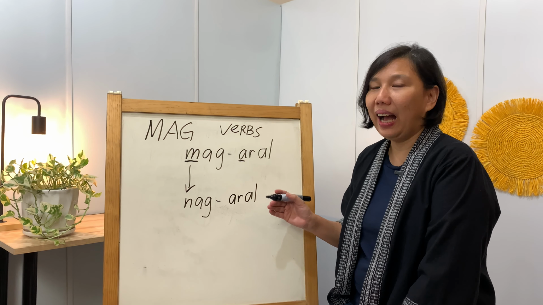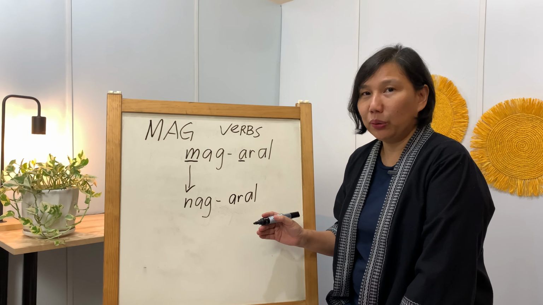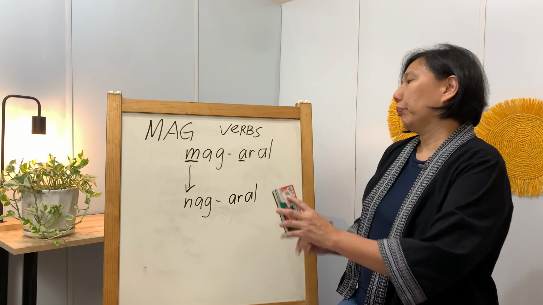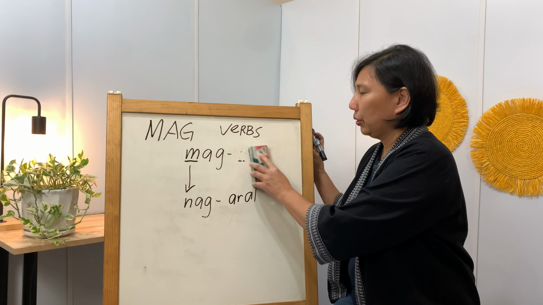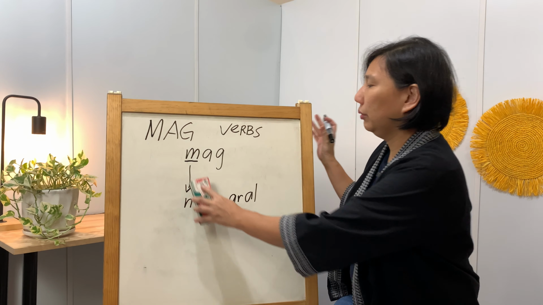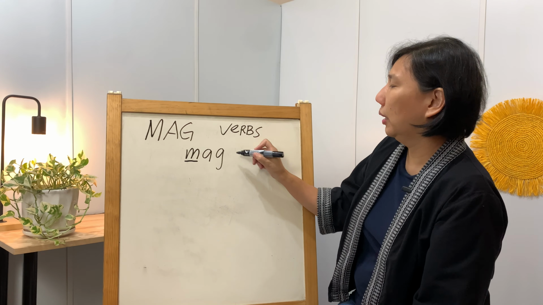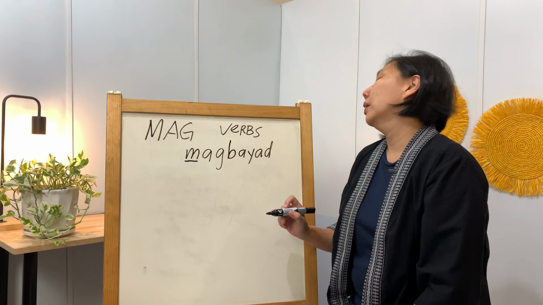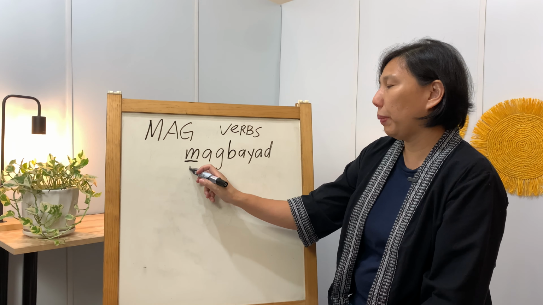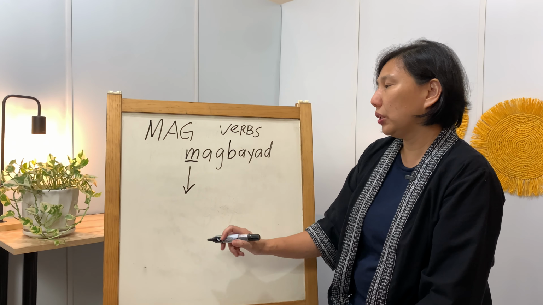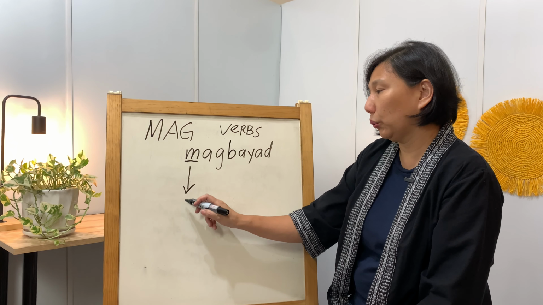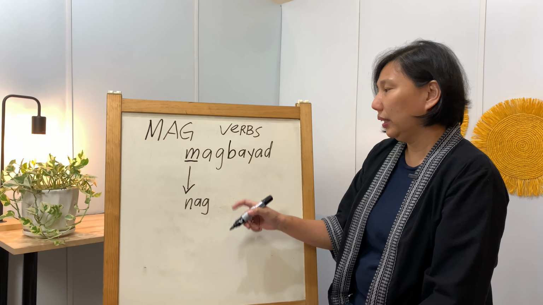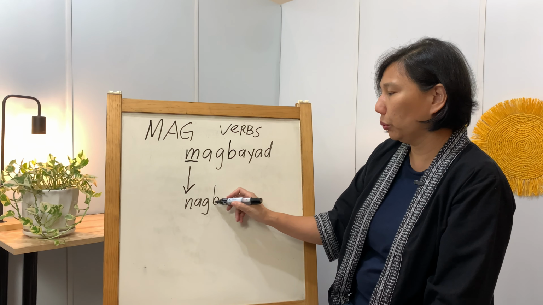So, nag-aral. Let's move on to the other example, which is bayad. Let's recall the infinitive, which is mag, adding the root bayad, which means to pay. And then to form the past or completed action, we change the M of the mag to N. So mag becomes nag, and then we attach the entire verb root.